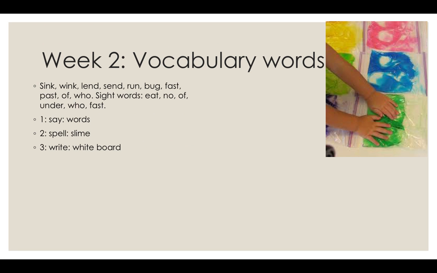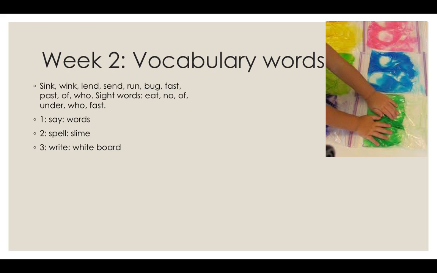So, week 2, I decided to bring some vocabulary words and ways to work with them. The words were sink, wink, lend, send, run, bug, fast, past, of, and who. Each week they have different sight words, and it was eat, know, of, under, who, and fast.